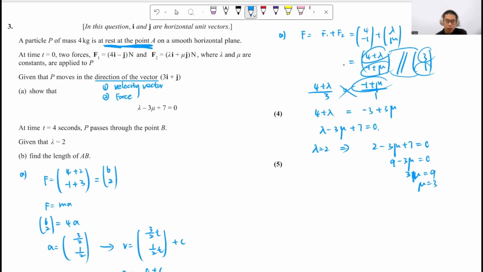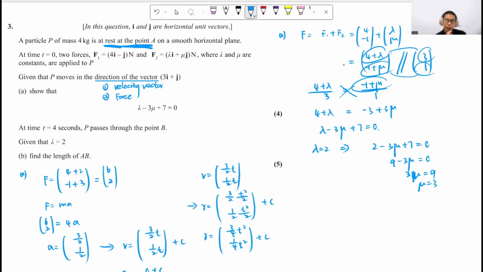So we have our velocity vector v equal to (3 over 2 t, 1 over 2 t). Now we need to work out our displacement vector, so integrate that. The displacement vector will be 3 over 2 times t squared over 2, and 1 over 2 times t squared over 2, plus c. So r is equal to (3 over 4 t squared, 1 over 4 t squared) plus c.